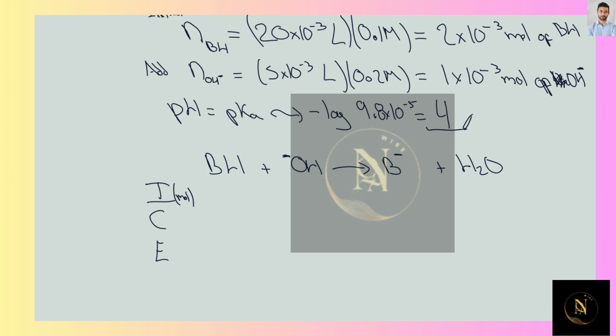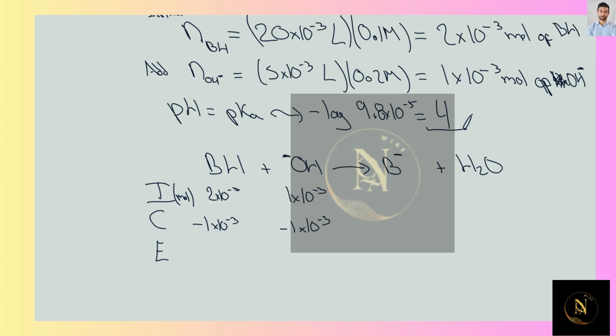Okay. So in moles, what we have is 2 times 10 to the minus 3 of BH, and of OH minus I have 1 times 10 to the minus 3. The amount of change is going to be the same as the limiting reagent, that is OH minus.